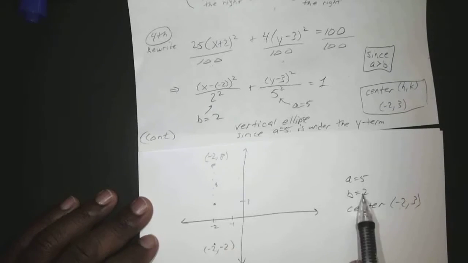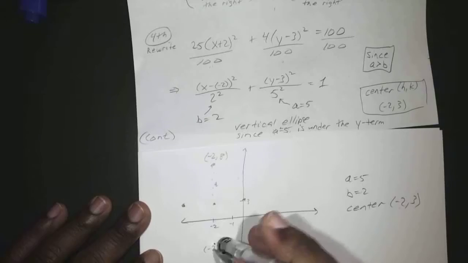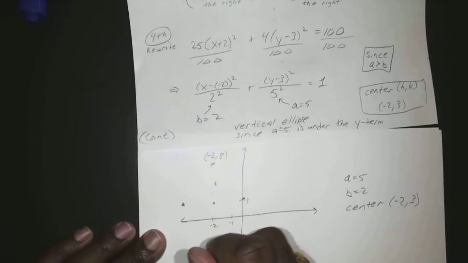Okay, and our B, remember our B is equal to 2, so this goes to 0, and this goes to negative 4. Make that a little bit lower. Negative 2, negative 2.